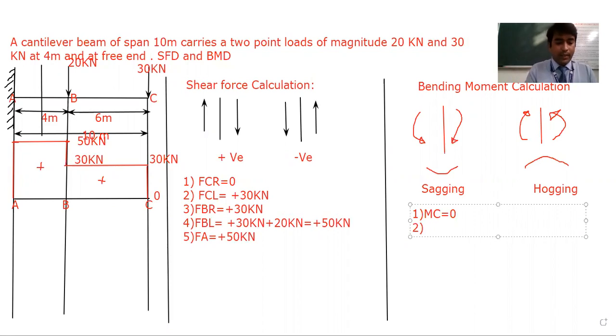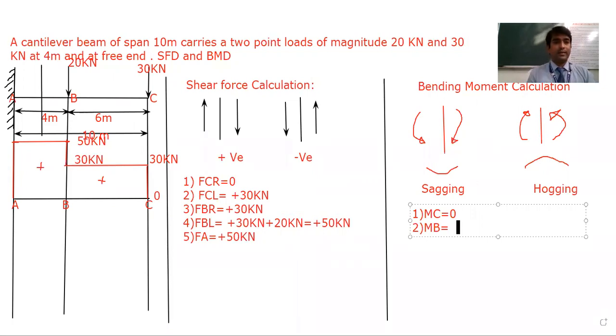The second one is the bending moment at B point, which will be equal to the force into perpendicular distance. That is the 30 kilonewton force into the distance up to B, that is 30 into 6. But here in this case, the beam is bent like hogging.